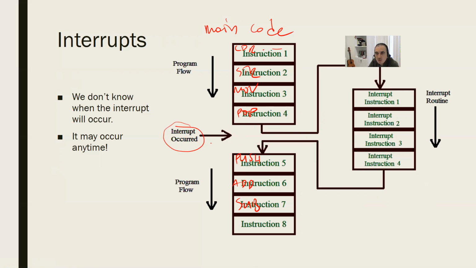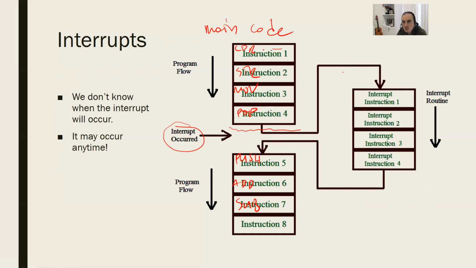The occurrence of this interrupt has nothing to do with these instructions. By chance, just by chance, some guy pressed the switch at that moment and the interrupt came. We're frozen here, okay? We stop running this code. The microprocessor starts to run a new code, which is called the interrupt service routine or interrupt subroutine.